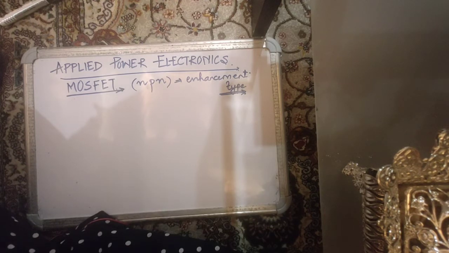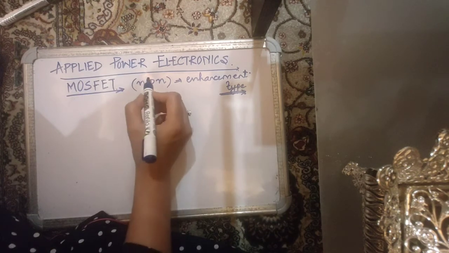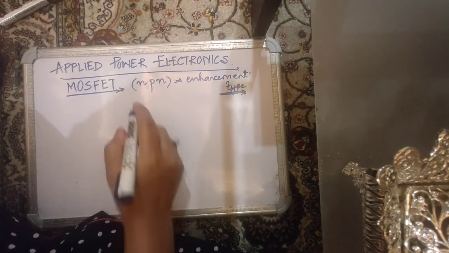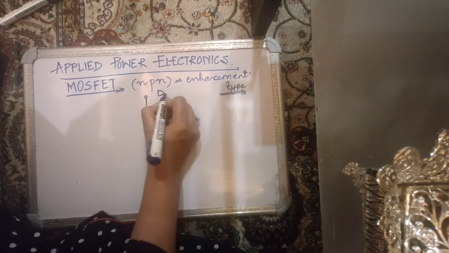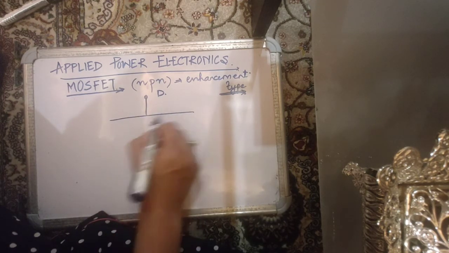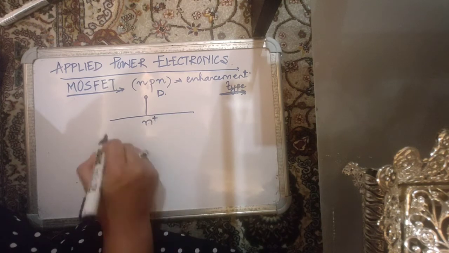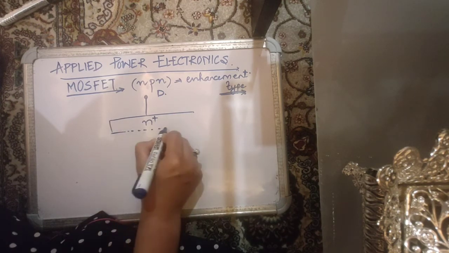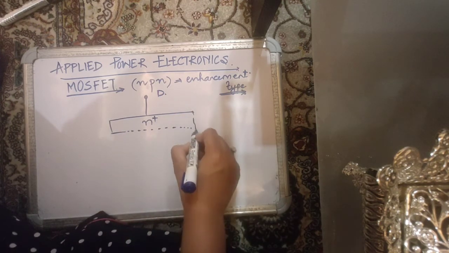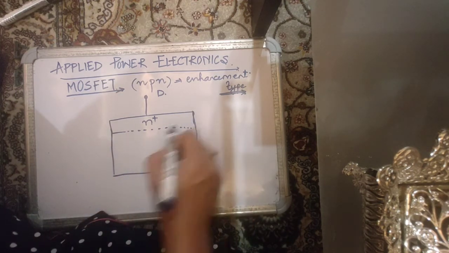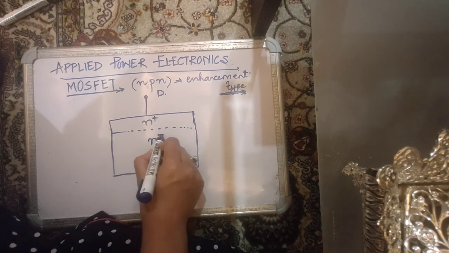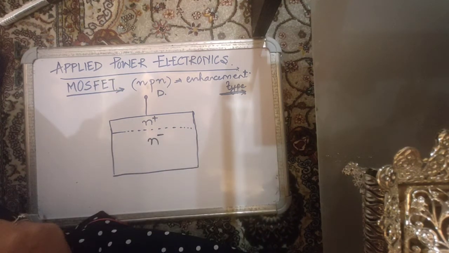Apart from that, in a power MOSFET, we have an additional N minus region. Let's see how a power MOSFET looks. So you have a drain, and you have a highly doped N plus region, and down there it is an N minus region, which is often known as a drift region.